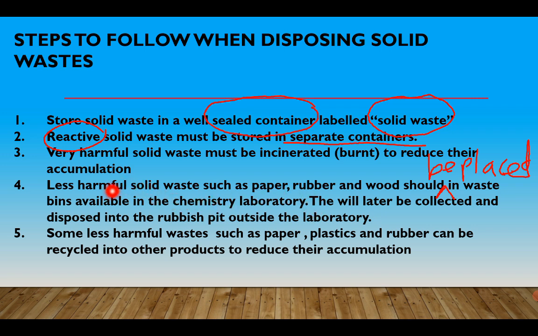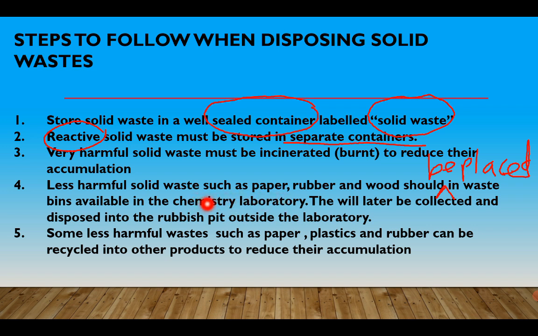There are some wastes that are not harmful, but if you allow them to accumulate in the laboratory, they can pose a serious contamination. The sight in the lab will not be admirable. So you need to collect them and heap them into waste bins which are placed in the laboratory.